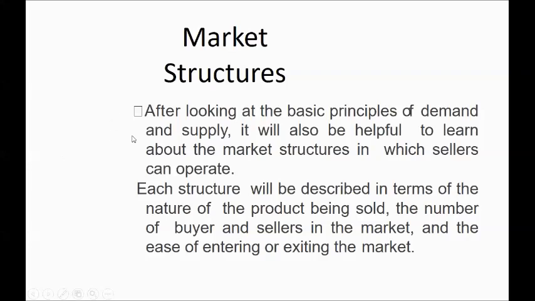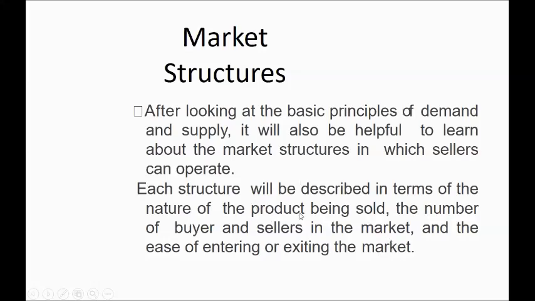We already finished the topic of the principles of demand and supply. Now we are in the market structures in which sellers can operate. Each structure will be described in terms of the nature of the product being sold, the number of buyers and sellers in the market, and the ease of entering and exiting the market.